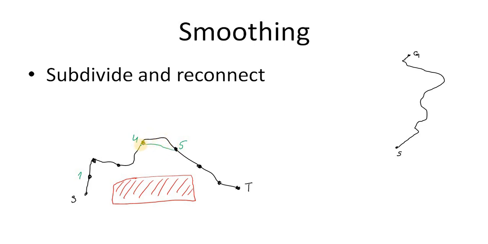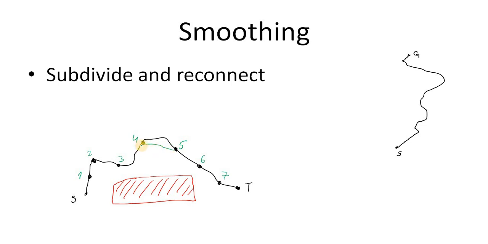The original path from 4 to 5, with 1, 2, 3, 4, 5, 6, 7, and then the target, was not the shortest path, and by subdivide and reconnect, we have connected a straight line. It doesn't look like a straight line, but it should be a straight line.